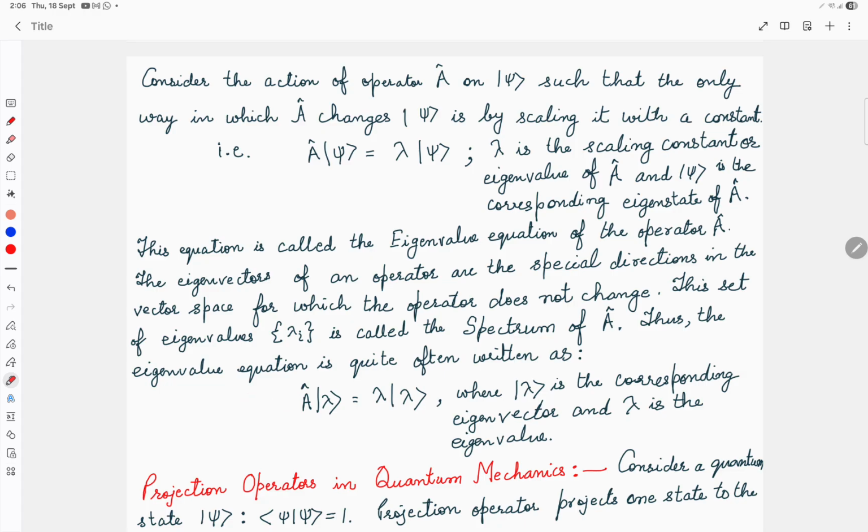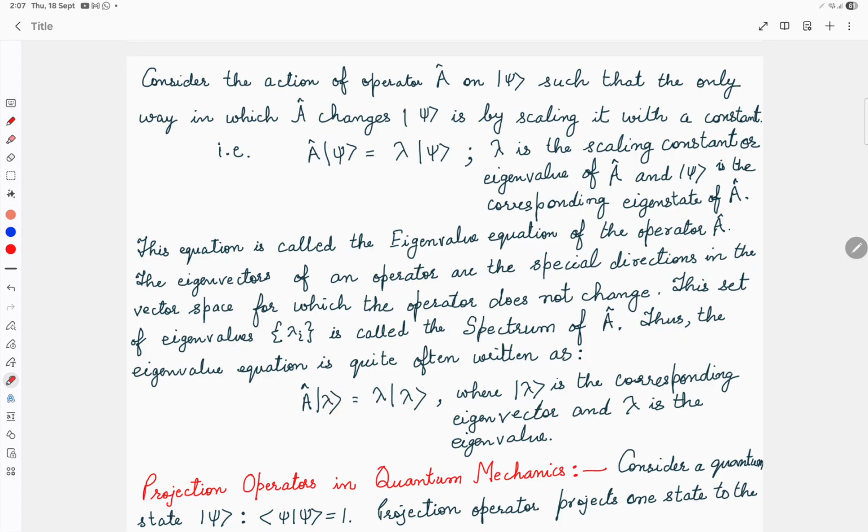Thus the eigenvalue equation is quite often written differently, because this equation is different from the earlier one. See here, this is operator A acting on ket psi is equal to lambda ket psi. Here we are writing A acting on ket lambda, this eigenvector.